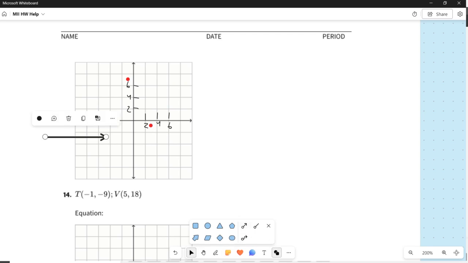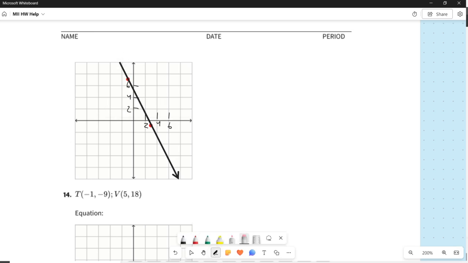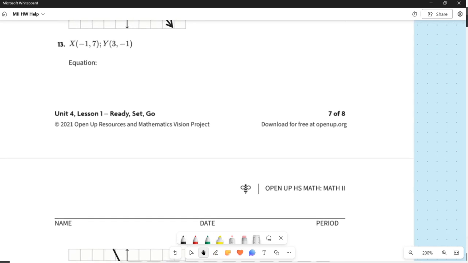So if I want to, I could simply graph this line from these two points right there. I can go ahead and just clean it up a little bit. And that's my graph.